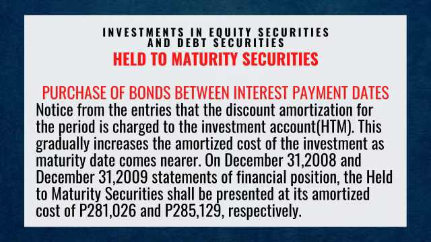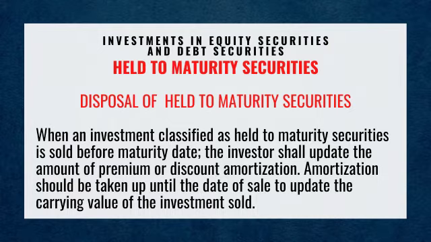On December 31st, 2008 and December 31st, 2009, Statement of Financial Position, the held to maturity securities shall be presented at its amortized cost of 281,026 pesos and 285,129 pesos respectively.